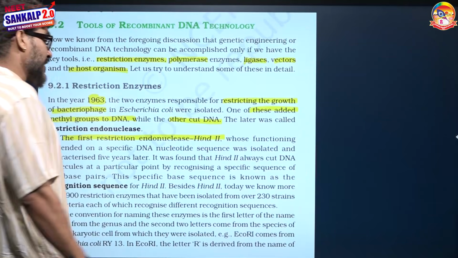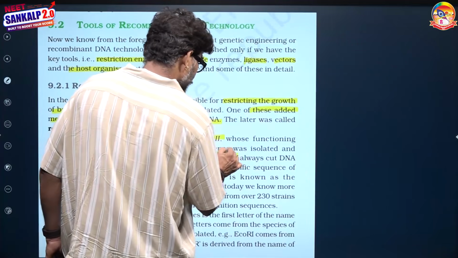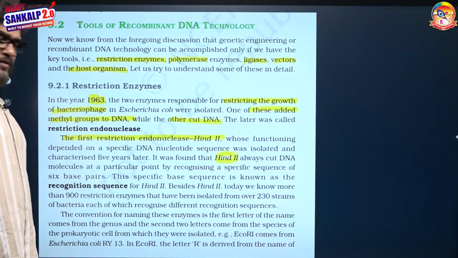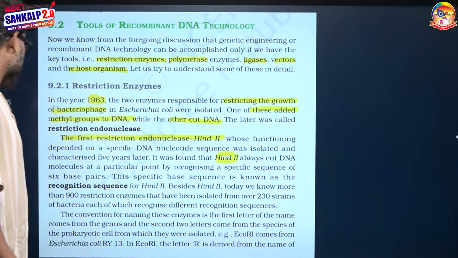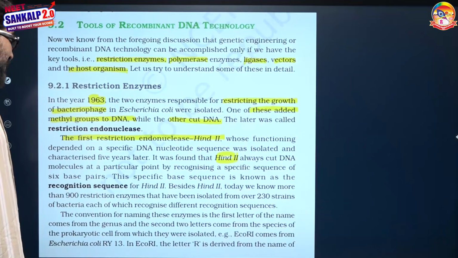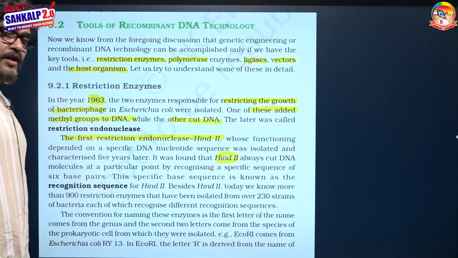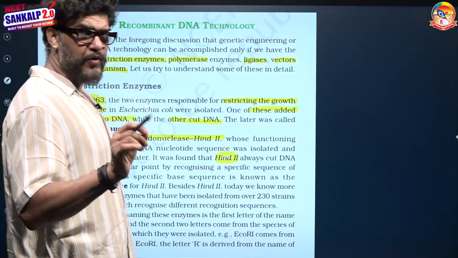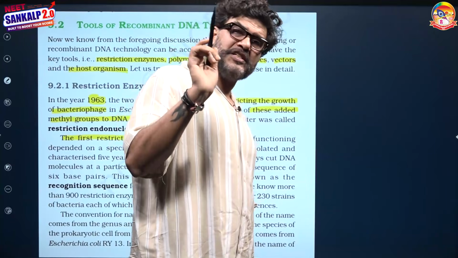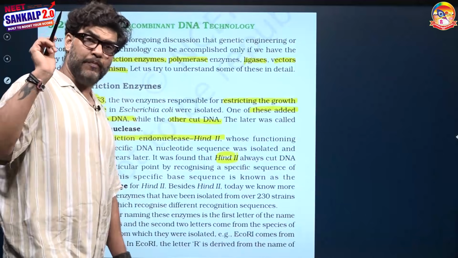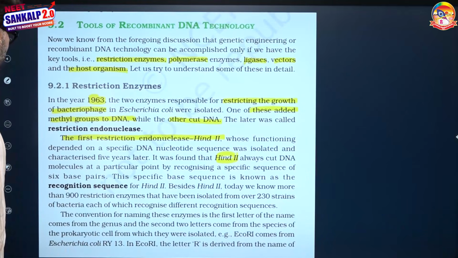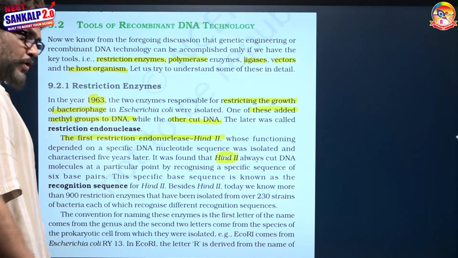It was found that HindII always cuts DNA molecules at a particular point by recognizing a particular specific sequence of 6 base pairs. This specific base sequence is known as the recognition sequence. So every restriction endonuclease enzyme has its unique recognition sequence, and most of the time it is made up of 6 base pairs. What is the convention for naming these enzymes?